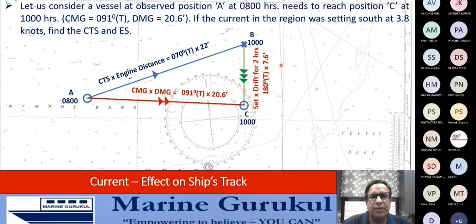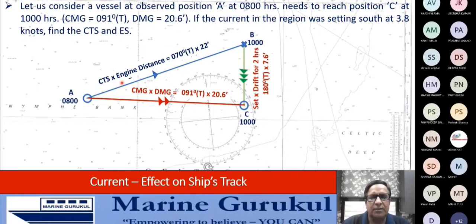The current experienced by the vessel is same as in the previous case, that is setting south at 3.8 knots. The master wishes to know what course should the vessel set from A and what engine speed she should be doing so that in 2 hours she is able to reach her destination at point C.